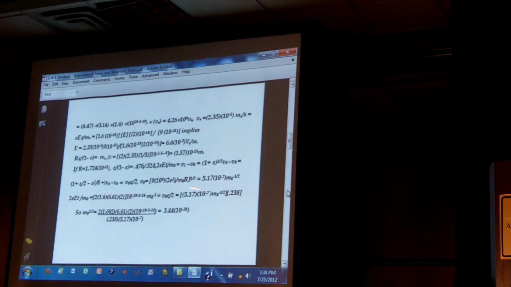And what is the effect going to be? Well, we don't know the mass yet, but we can solve for the mass, and that mass is 10 to the minus 28. Well, that's the square root of it. So we end up with something that is 10 to the minus 55th as the implied mass.